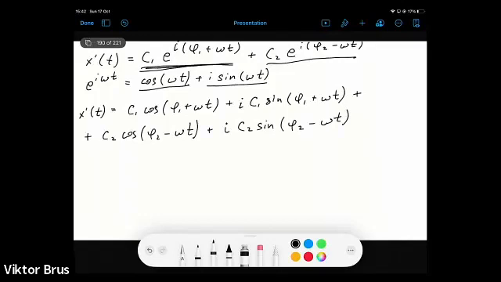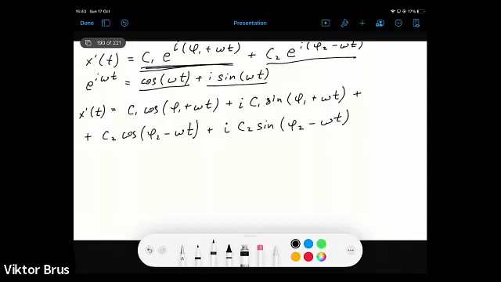Okay, now we have done this task. We applied Euler's formula to our x prime as a function of t. And what we need to do next, we need to group real to real and imaginary to imaginary. So apples to apples, oranges to oranges.